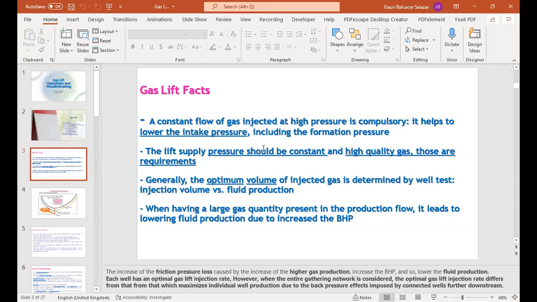Of course, each well has its optimum gas lift injection rate. But when we are dealing with the entire network at the field, the optimum gas lift injection differs from the particular well.